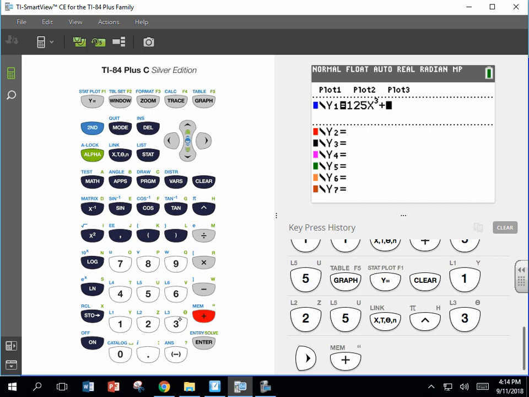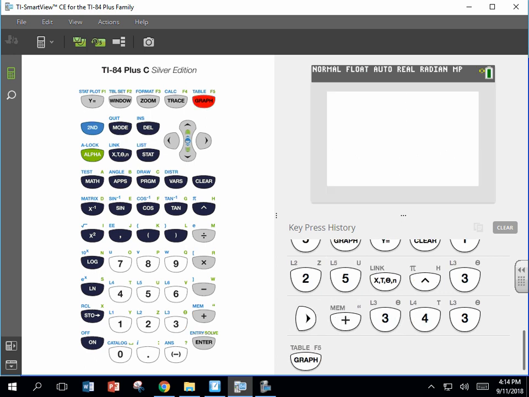Make sure you hit over plus 343. I'm going to hit graph. Looking at the graph, it only crosses the x-axis one time. Like we've talked about, however many times it crosses the x-axis is how many real solutions I have, and where it crosses is my real solution. So I only have one real solution.